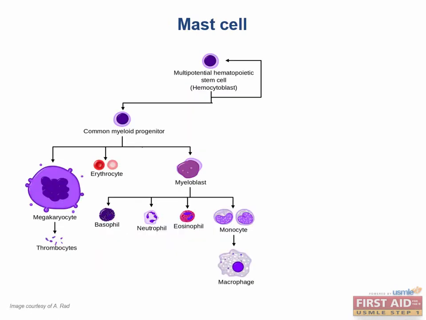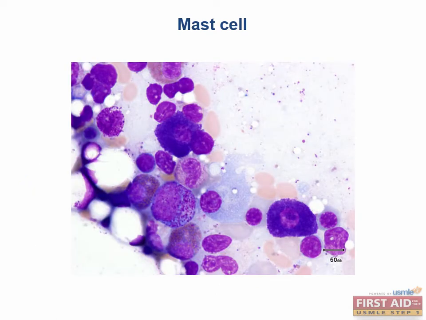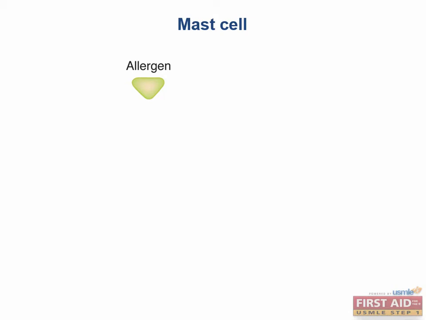Next up is the mast cell, and mast cells mediate allergic reactions. In this image of a bone marrow aspirate, we can see 2 mast cells. When an allergen is in the body, IgE will bind to this allergen at the antigen binding sites here and here.